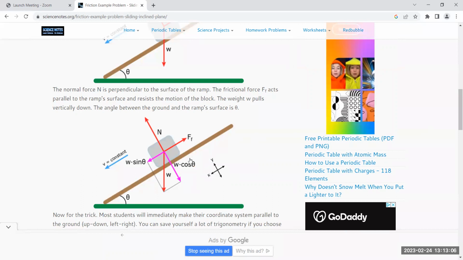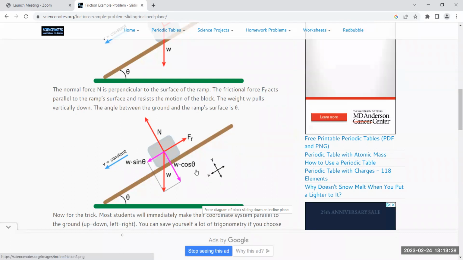We're going to add these two purple forces. So this one that acts opposite the normal force has to be some percentage of this weight force. So what percentage is it? Now you might look at this initially and think, wait a minute, that's a y component as we have it set up.